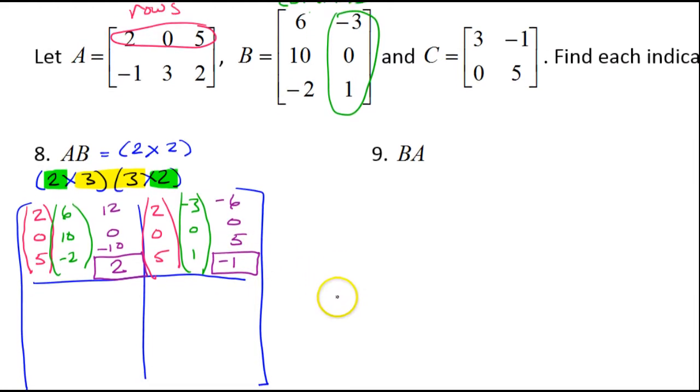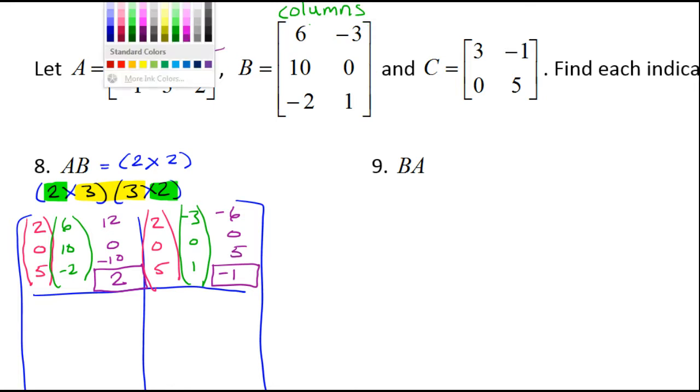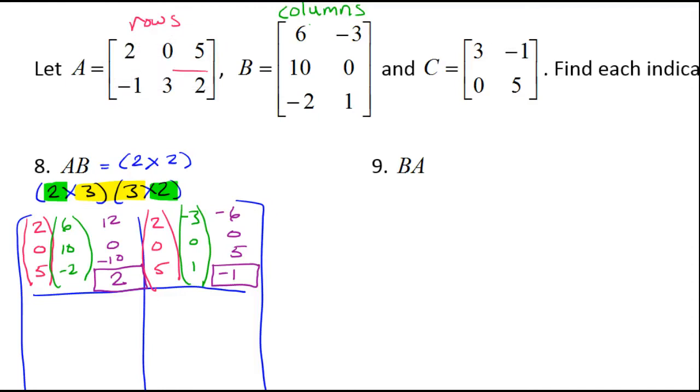Now, if I want to find the entry that belongs in the second row, first column, I need to multiply the second row times the first column. Okay, so second row, first column.